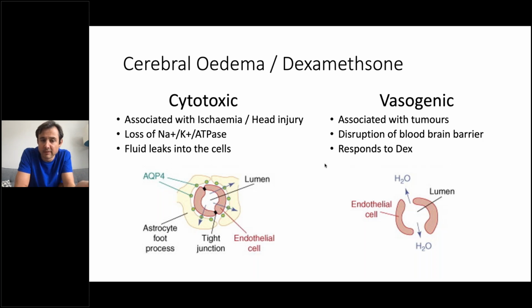Cytotoxic edema is associated with ischemia, head injury, and it's to do with damage to your Na+ K+ ATPase pump in the wall of the cells. So the cells can no longer maintain their integrity.